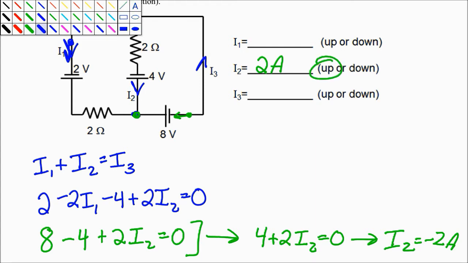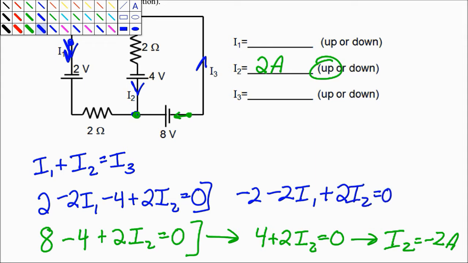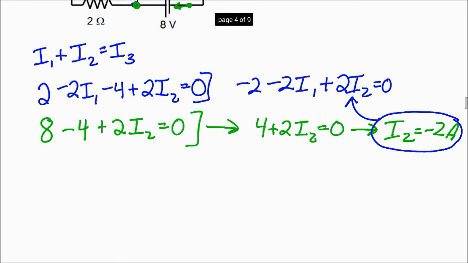I can also go ahead and simplify this. So that's negative 2 minus 2I1 plus 2I2 equals 0. If I take this value for I2 and put it in right here, I'm going to have to move down and give myself some more space.